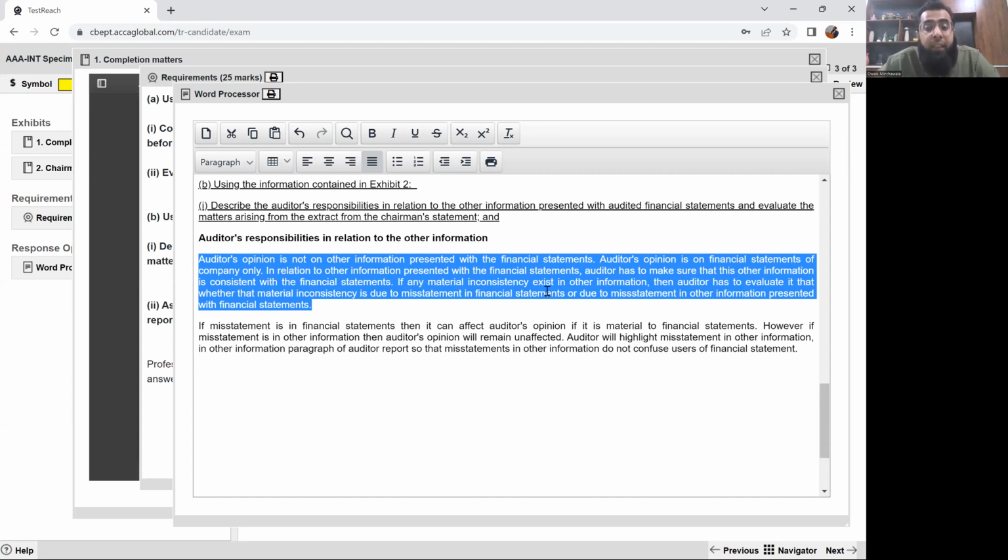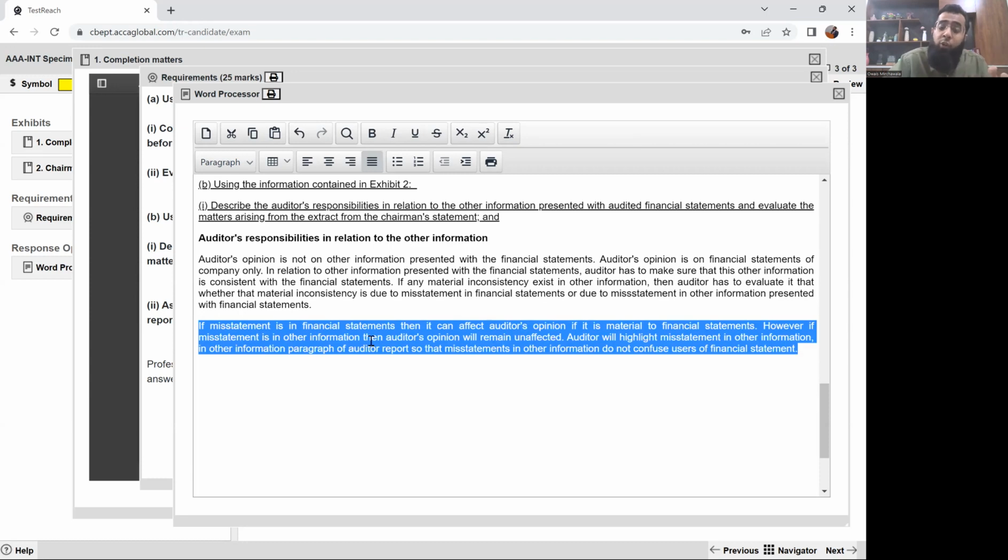If any material inconsistency exists in other information, then the auditor has to evaluate whether it is due to misstatement in the FS or in other information. If the misstatement is in the FS, then it will affect the auditor's opinion. But if it is a misstatement in other information, the other information means things like the chairman's statement and the directors' report.